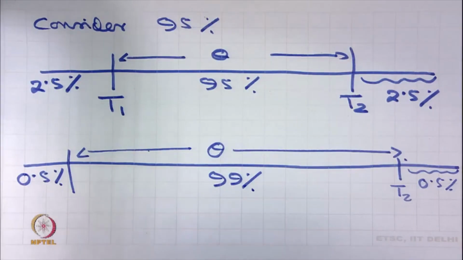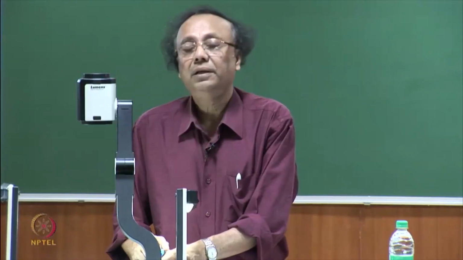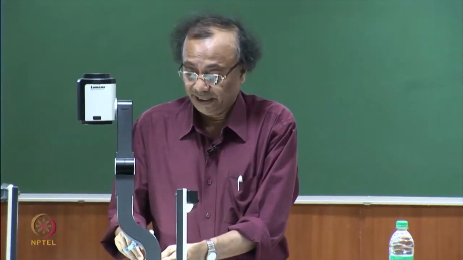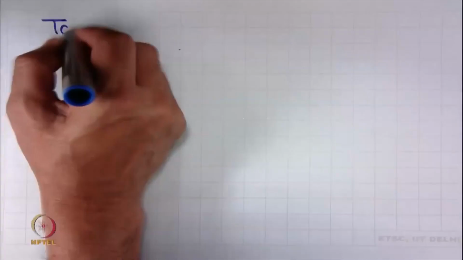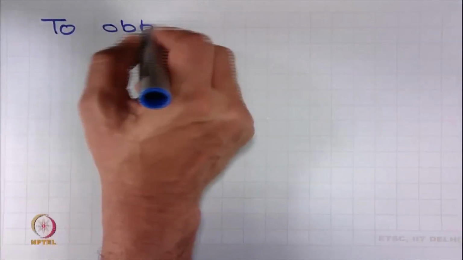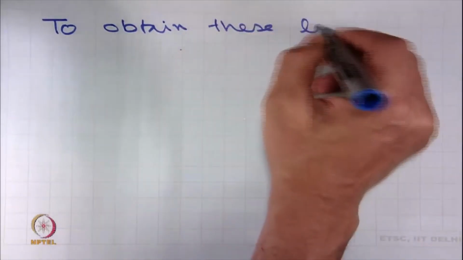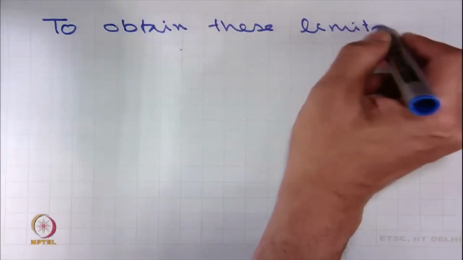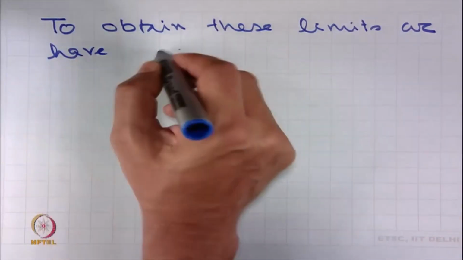So, these are the confidence intervals that we try to obtain for the parameter theta with the help of the sample x 1, x 2, x n. To obtain these limits, we have different tables.